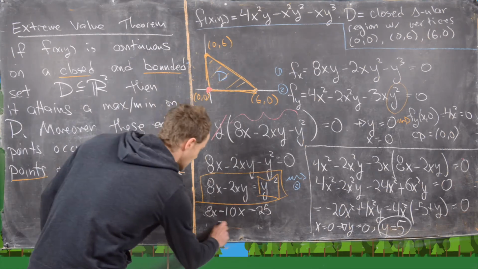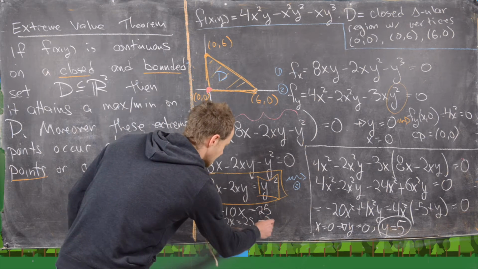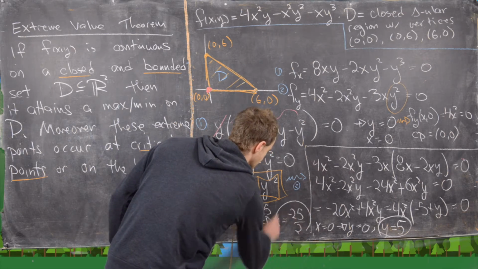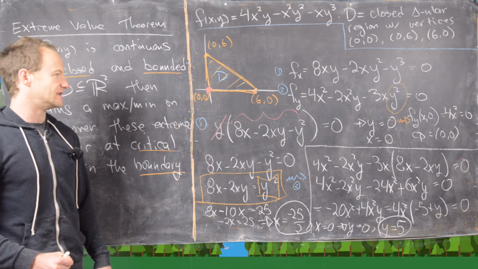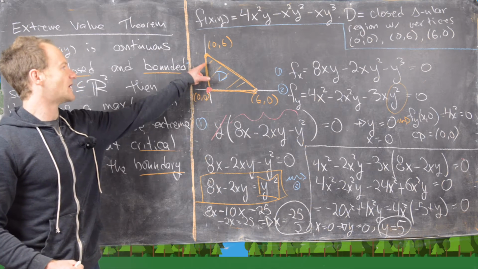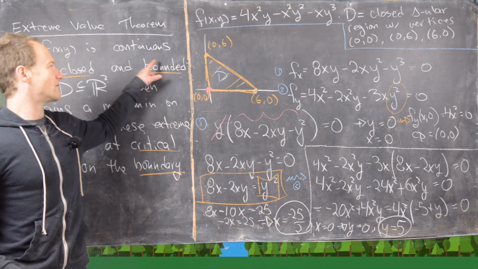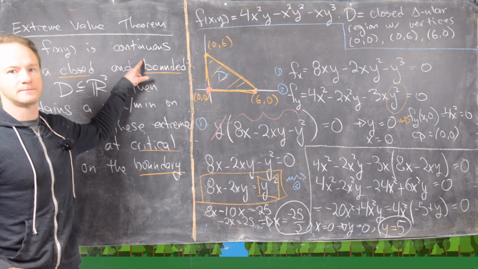So that gives us minus 2x equals 25, which tells us that x equals minus 25 over 2. But now let's notice where that is in the plane. So y equals 5 is about right here, but then x equals minus 25 over 2 is way out here. So we don't actually need to worry about that.